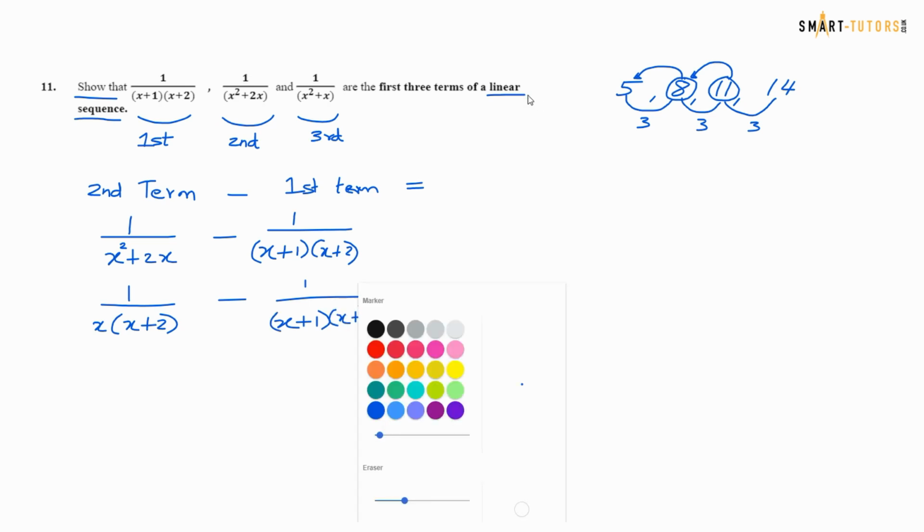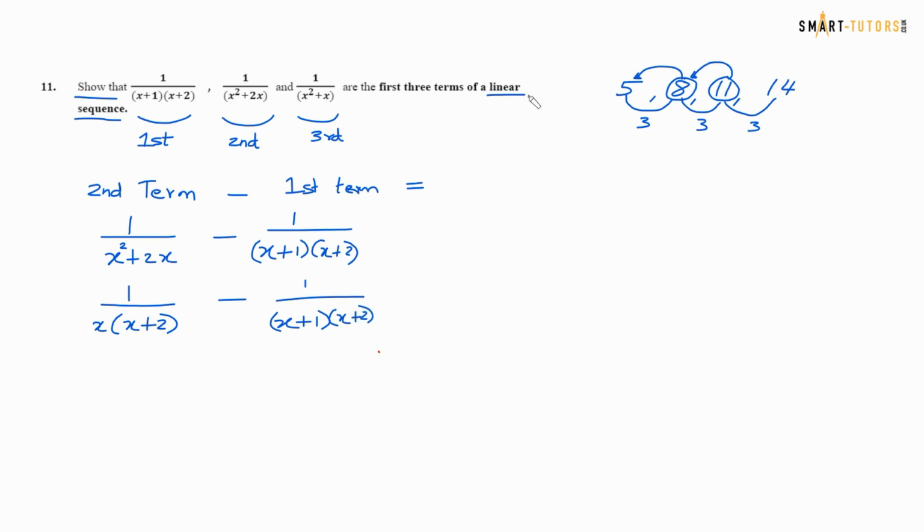In order to make both expressions the same, I'm going to times the first by x plus 1, top and bottom. Here I'm going to times it by x, top and bottom.